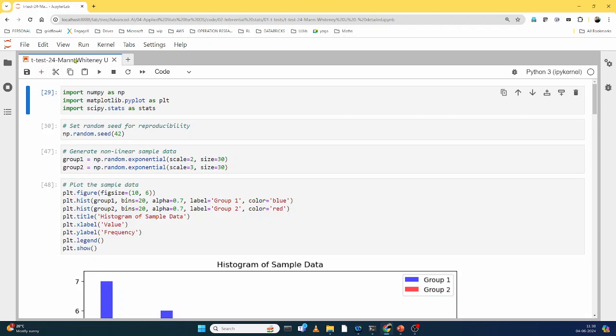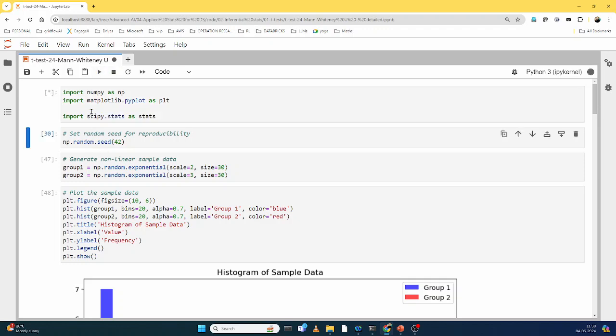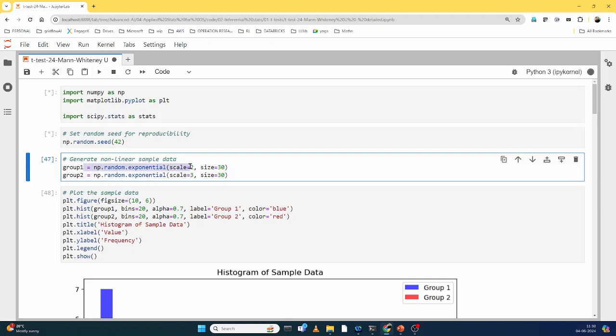Okay, so here is the Python example. I will illustrate step by step how each step is performed in the Mann-Whitney U test. The package is going to be SciPy here, and I'm going to generate some random data and make sure the data is non-normal.